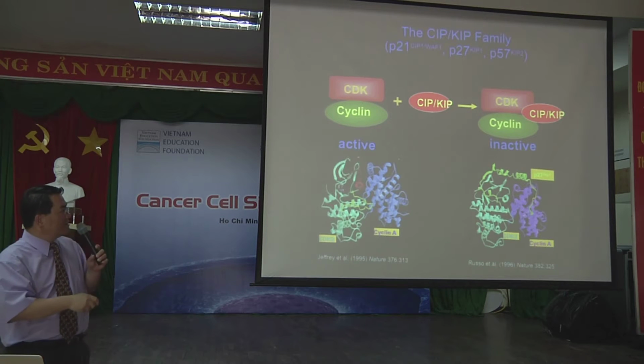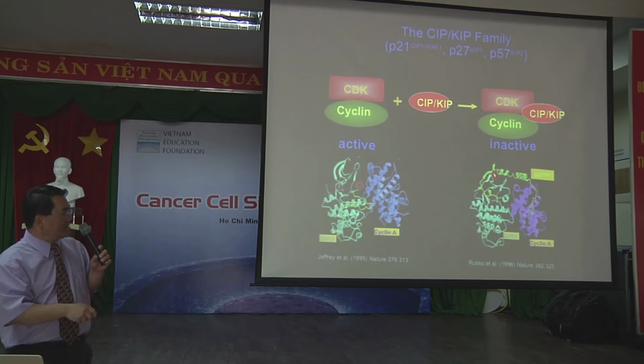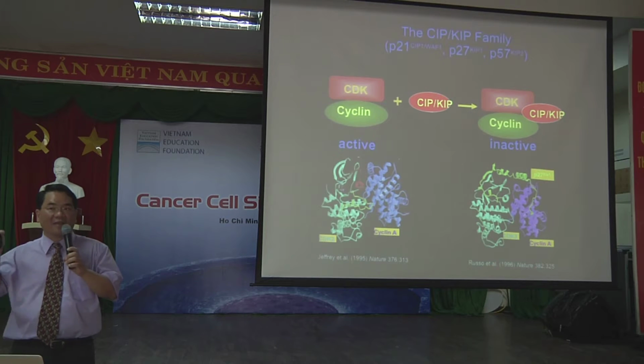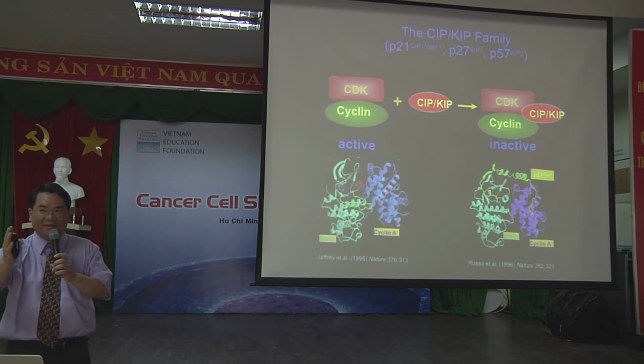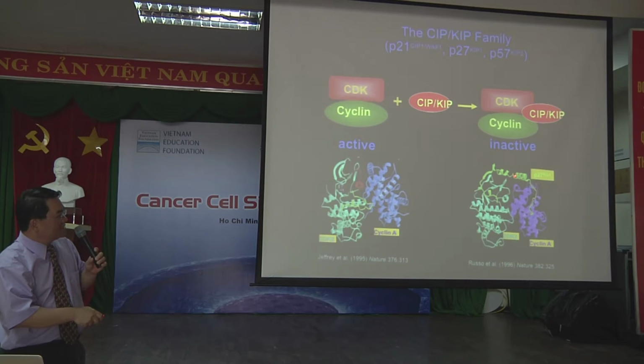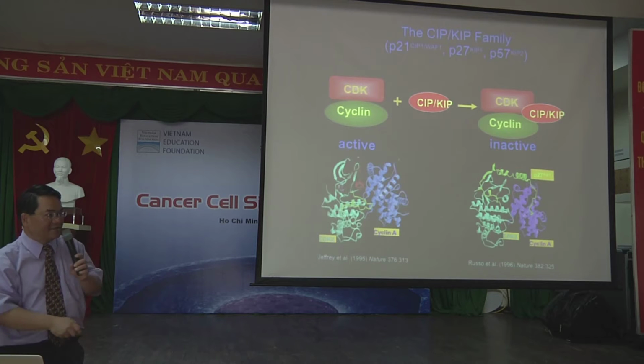Interestingly enough, P27 is able to inhibit CDK activity by blocking that substrate entry site. You can see here, based on this green structure, P27 blocks that substrate entry site, so the CDK cyclin complex becomes inactivated.